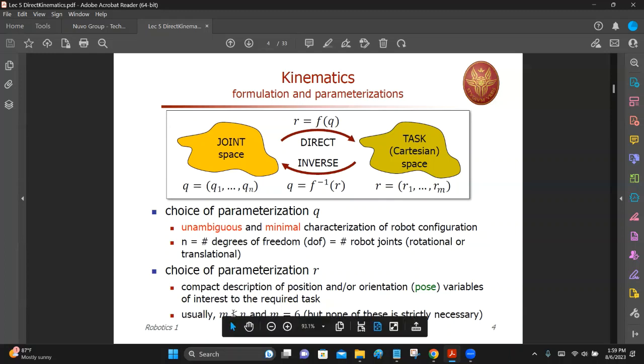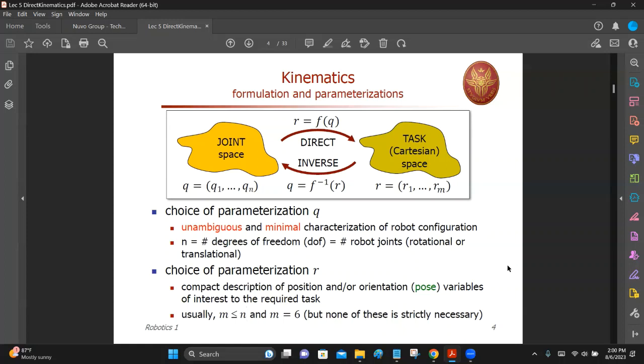And I think you know this one. M should be less than N, right? Or minimally it should be 6. If you really want to control the pose arbitrarily, which means any position with any orientation, without any restriction, you need to have at least 6 joints.